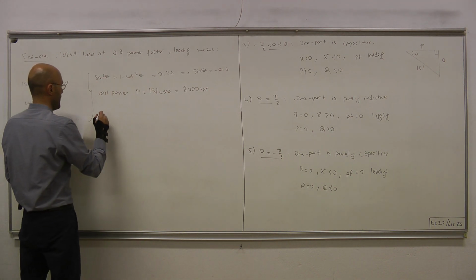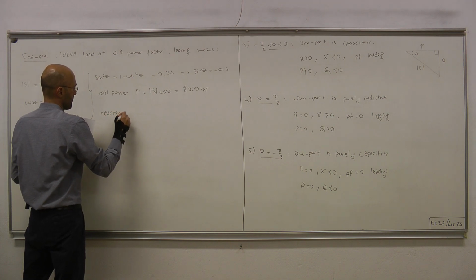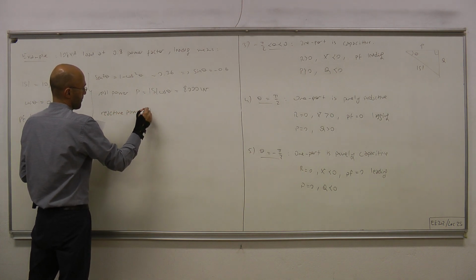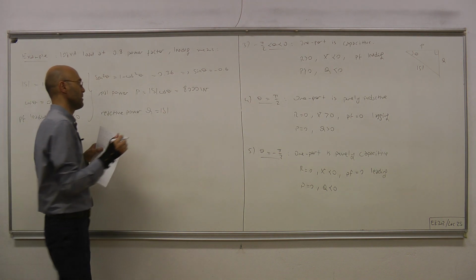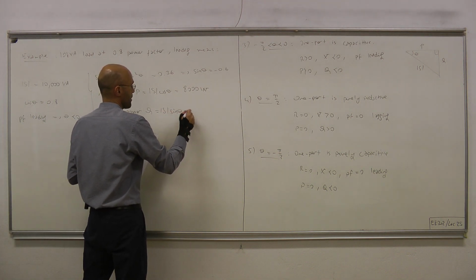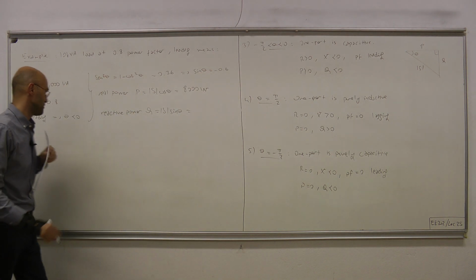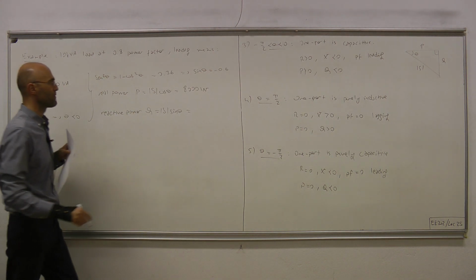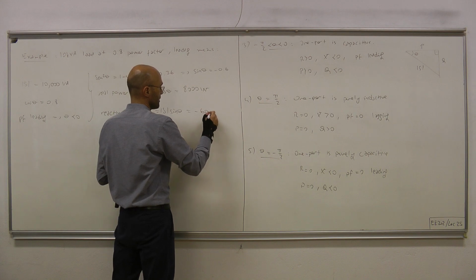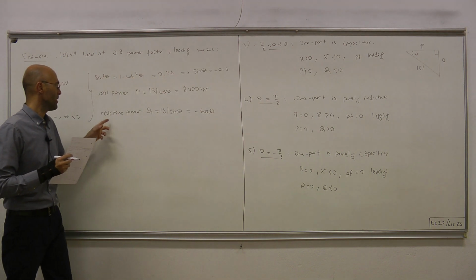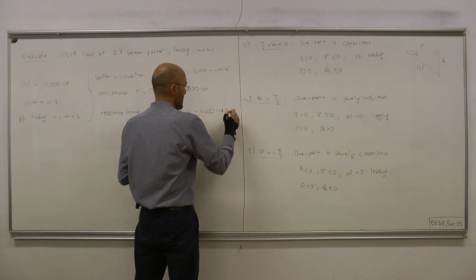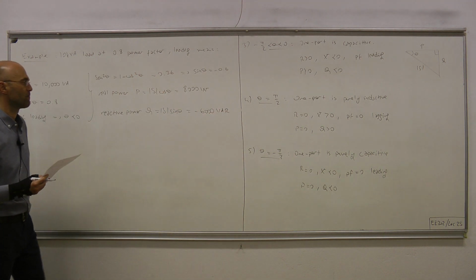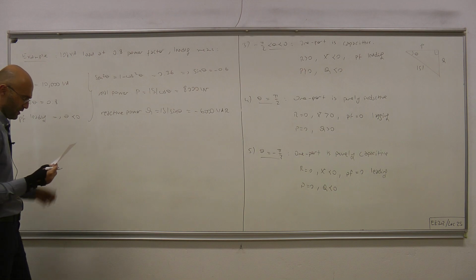Reactive power, Q, is the apparent power times sine theta. Sine theta is minus 0.6 because the power factor is leading. So this produces minus 6,000. Since we're talking about reactive power, the unit is VAR, volt amp reactive.